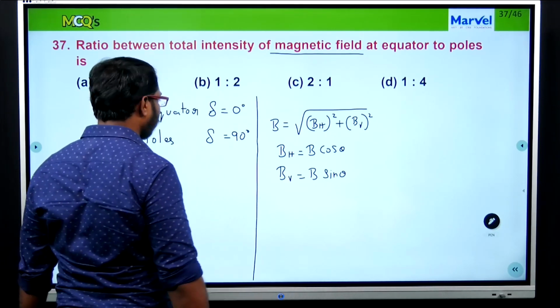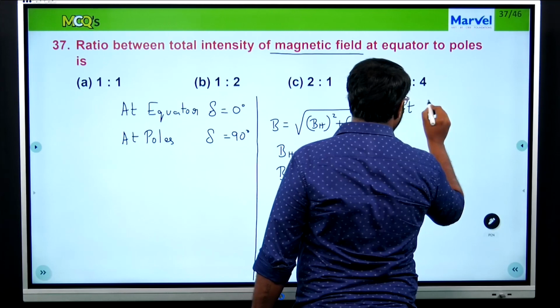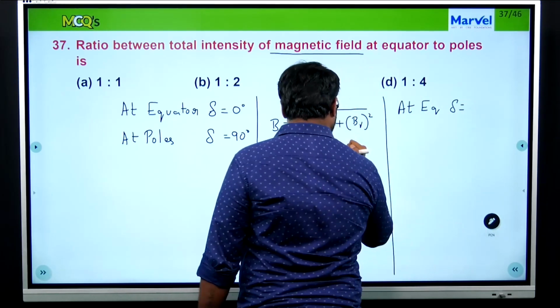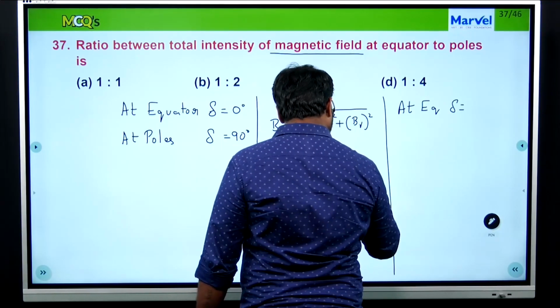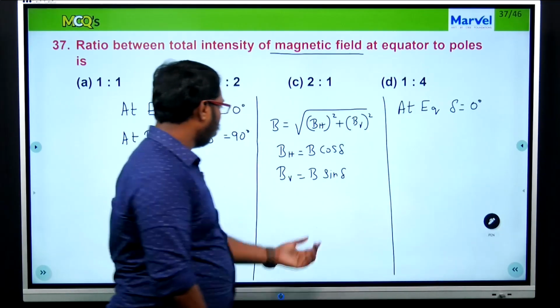So, listen, first at equator the dip angle is going to be 0 degree.